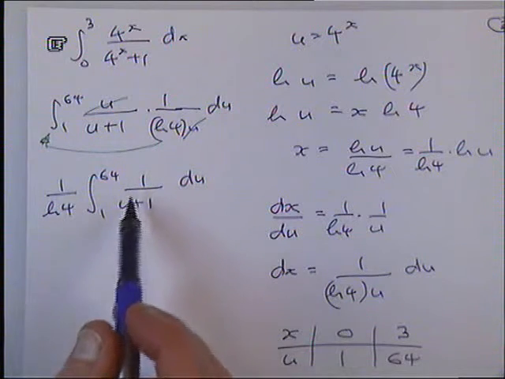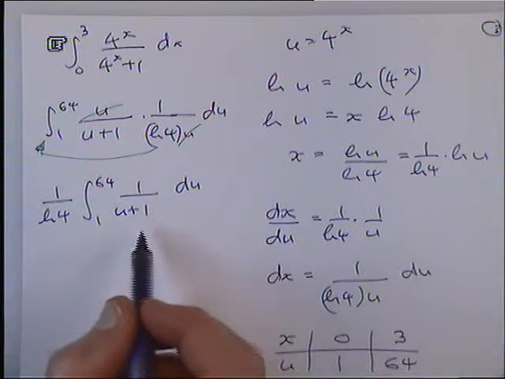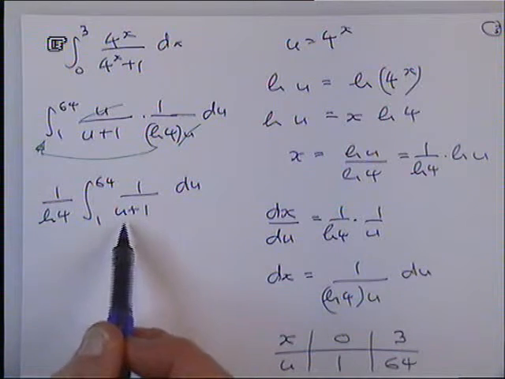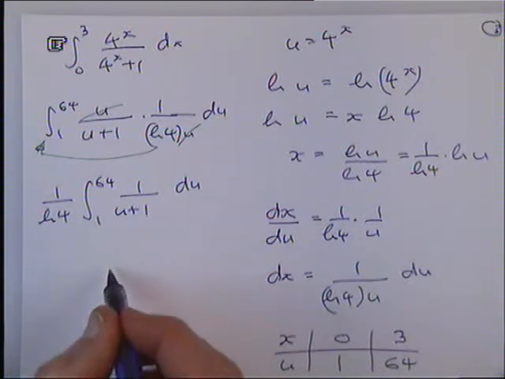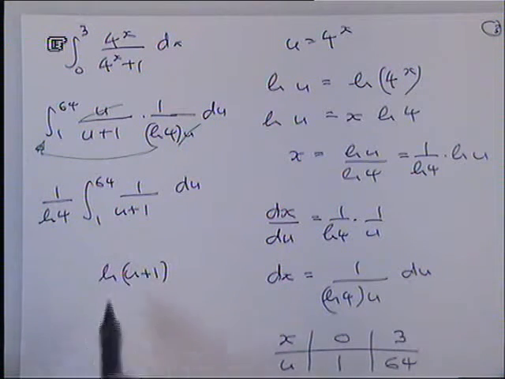What is the integral of 1 over u plus 1? Yeah, that's right, natural log of u plus 1. Again here, that's the derivative of the bottom, so the answer will be log of the bottom. So log of u plus 1 is what I get from doing the integral.